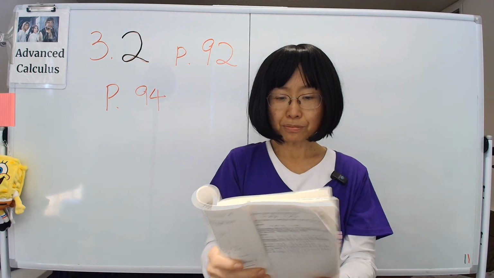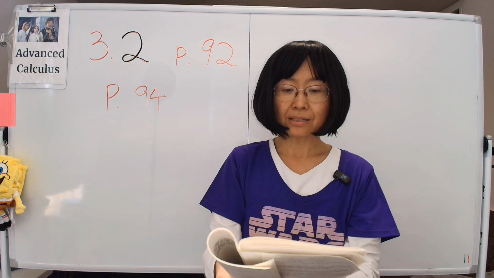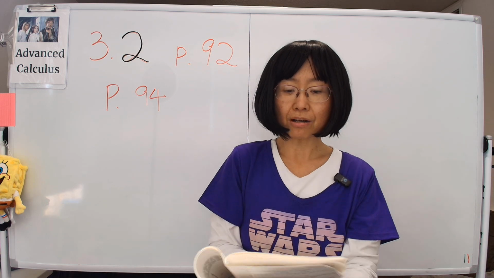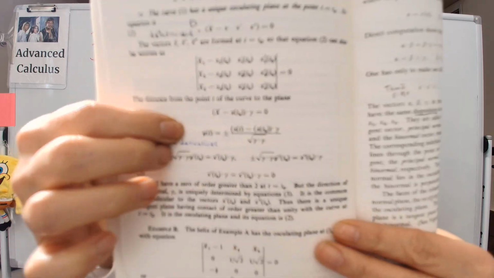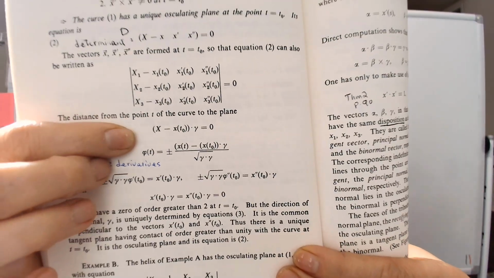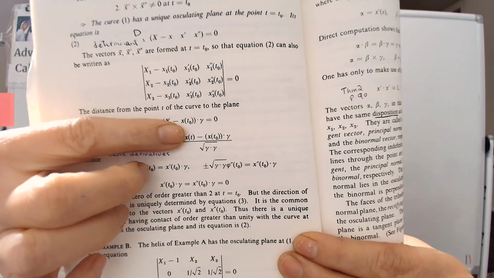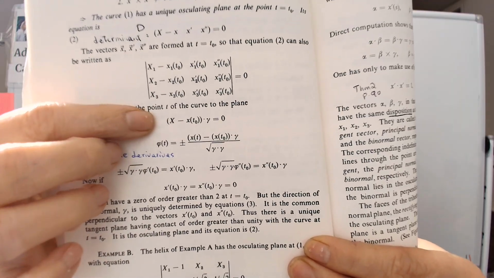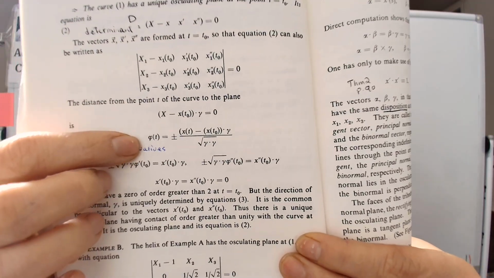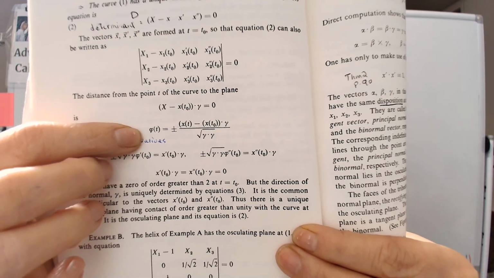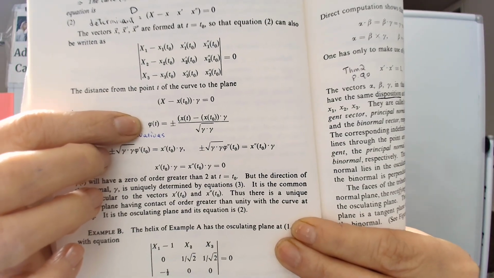Now, to prove that, first we have to consider the distance formula, which we will call phi. Let's say we have some plane that contains the point x of t0, and its normal is gamma. We'll define a phi of t function, which is the distance from any point on the curve to this plane.